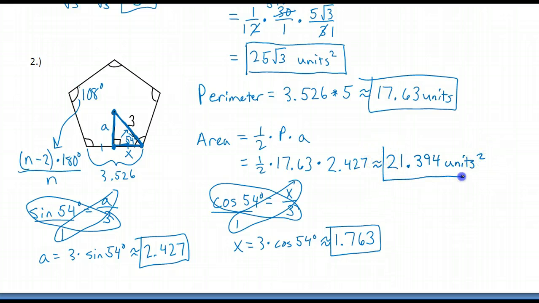My rule of thumb is, if I start with a decimal, I can have decimals in my answer. If I don't start with a decimal, I need exact answers. So in problem number 2, in order to figure out the apothem, I figured out this angle, and then half of it was 54 degrees. 54 degrees told me I have to use trig to figure out my missing sides.